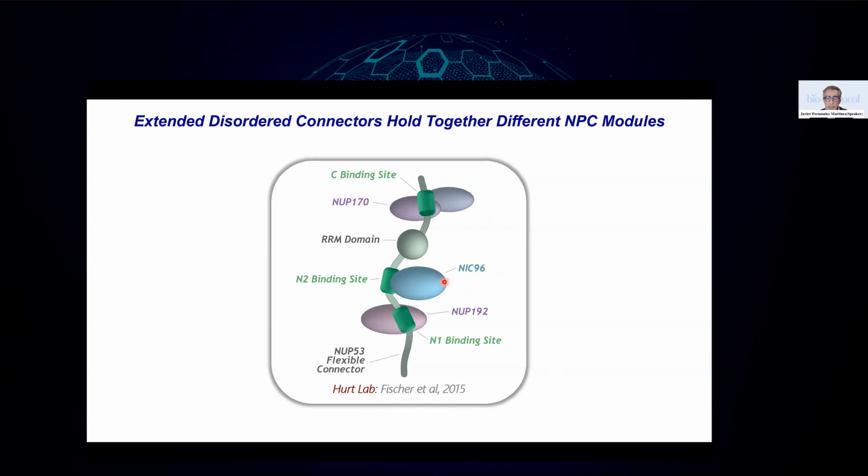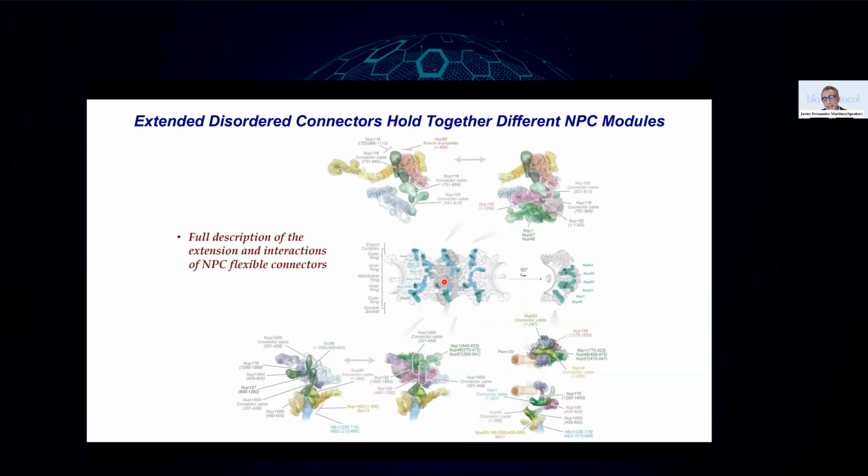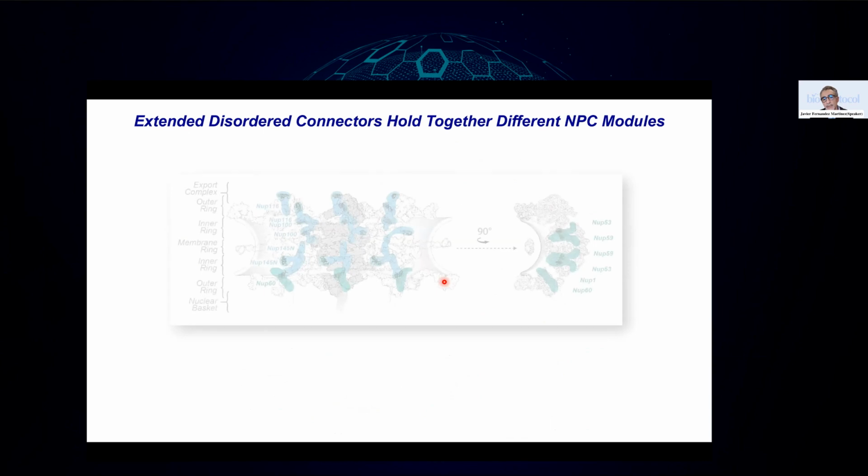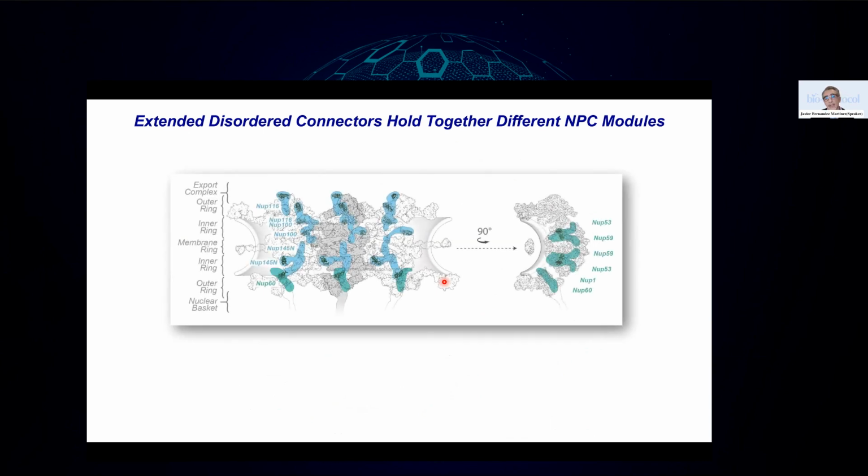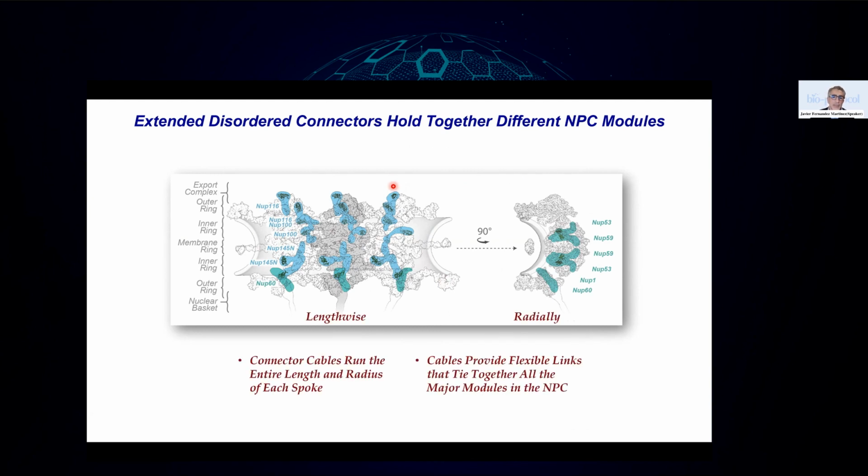But what we can now see in the structure is that these flexible connectors are actually really important, and they form a whole network that interconnects all the different rigid modules of the NPC. What we see is that the flexible connectors thread all the way from the cytoplasm through the spoke and to the nuclear side where the nuclear basket is, connecting all the different modules of the NPC.